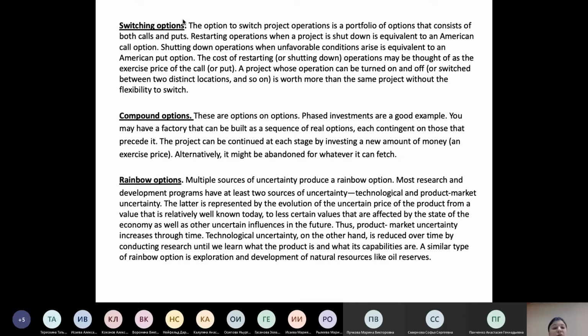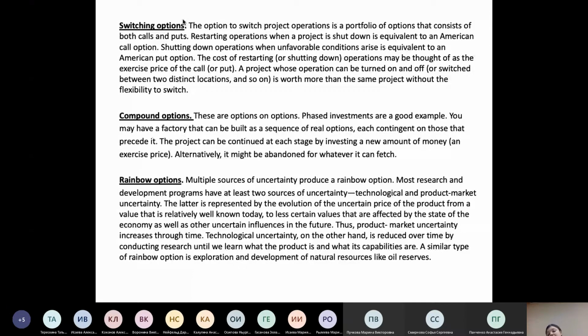Most research and development programs have at least two sources of uncertainty: technological and product market uncertainty. So good results on the first step will continue to a good result in the next stage, the next period.